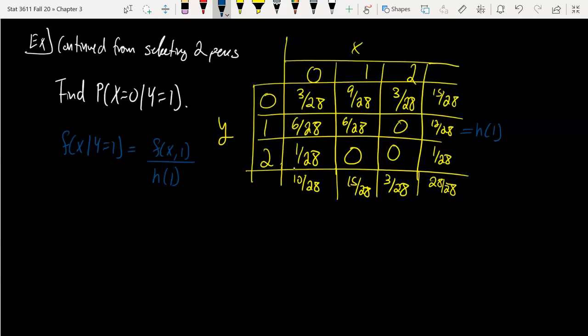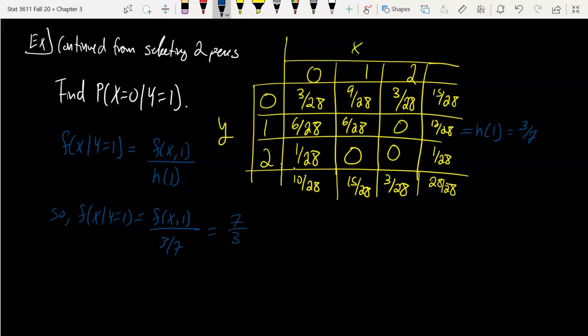We sum that up, and 12 over 28 is also 3/7 if you reduce that down, dividing by 4. So f of x given y equals 1 is the joint distribution divided by 3/7, or equivalently multiplied by 7/3.